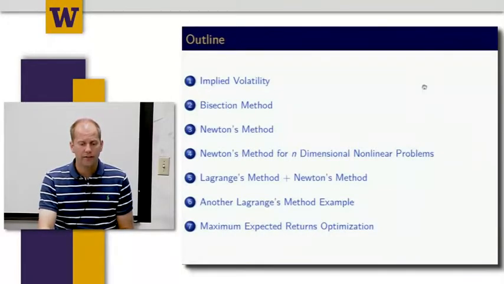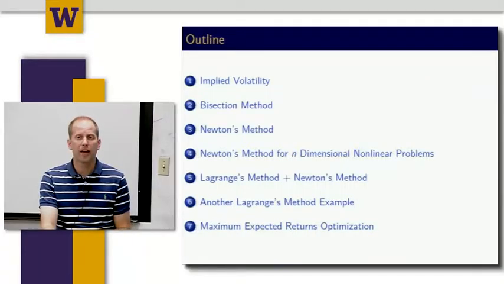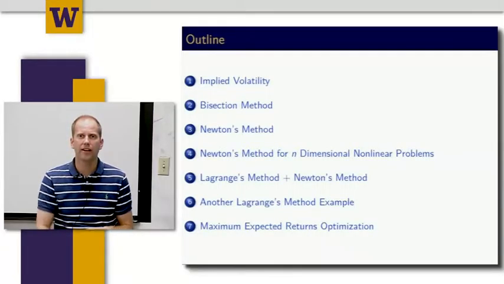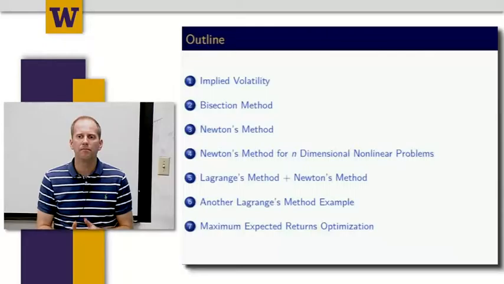So the outline for this week, I'll talk about a problem called implied volatility. This is basically going back to the Black-Scholes pricing formula, but instead of thinking of the value that I want to calculate as the call price or the put price, I'm going to approach the problem in this sense.